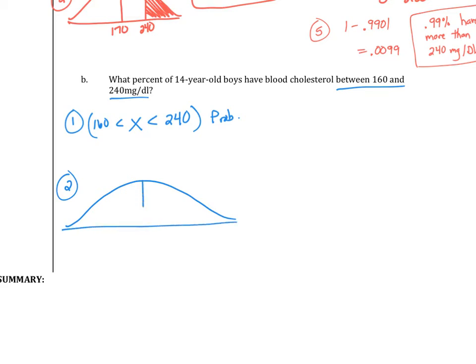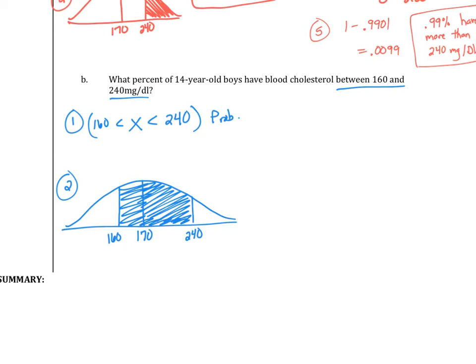So step 2 will be draw your curve, put the average in the middle. So 160 goes on the left, 240 goes on the right, and now we're shading in between.